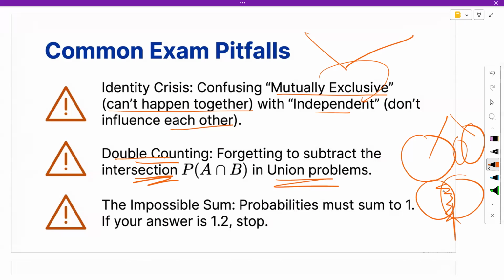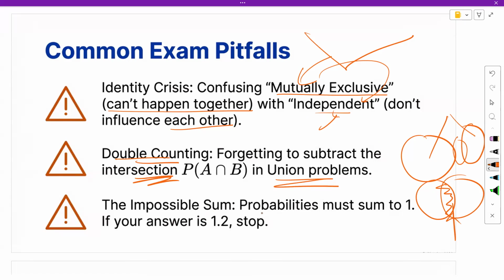Therefore, logical understanding is very important. You should decide whether it is mutually exclusive or not, and whether it is independent or dependent.